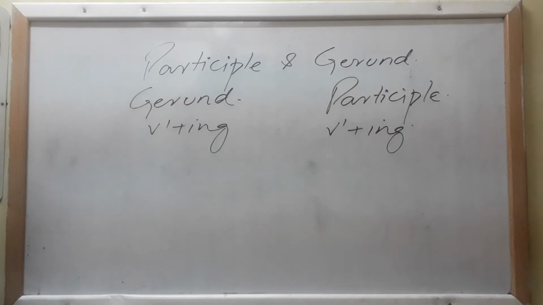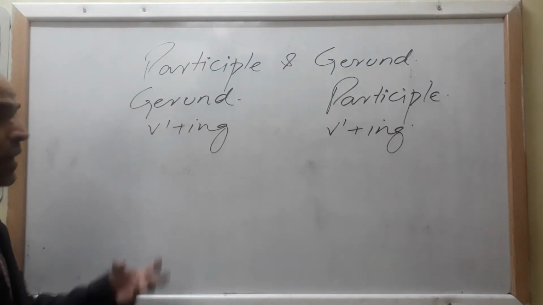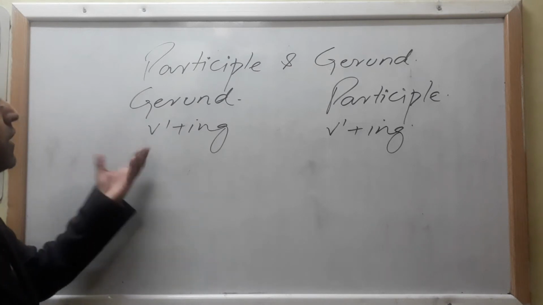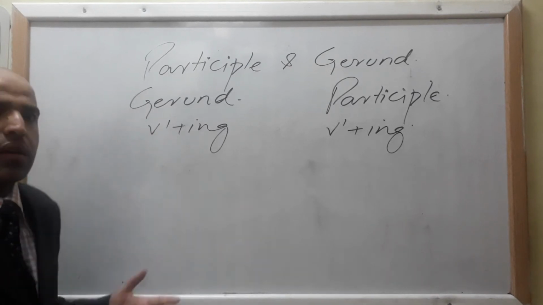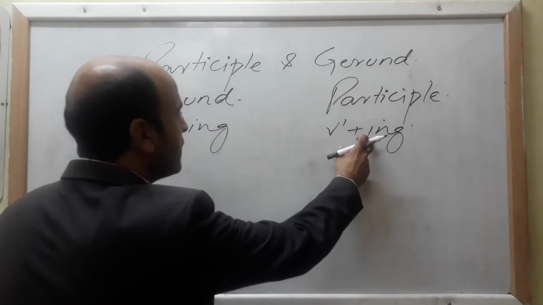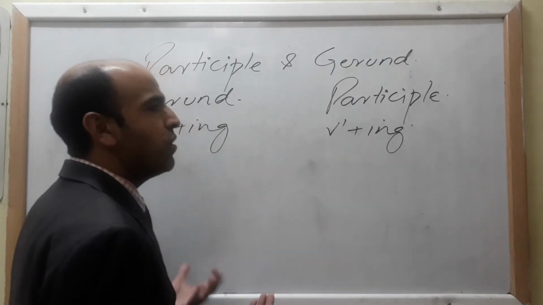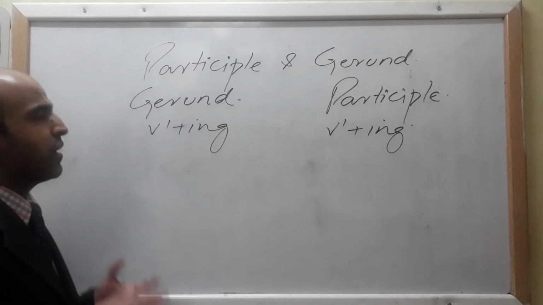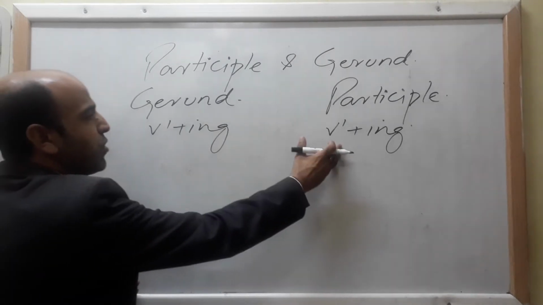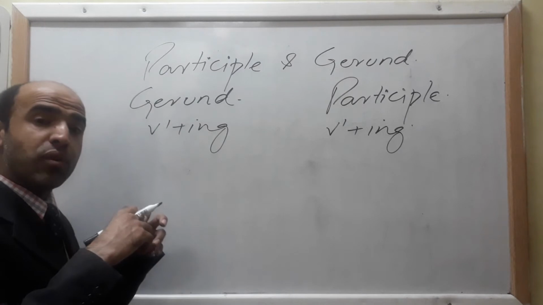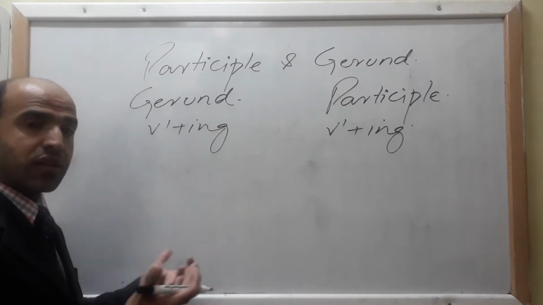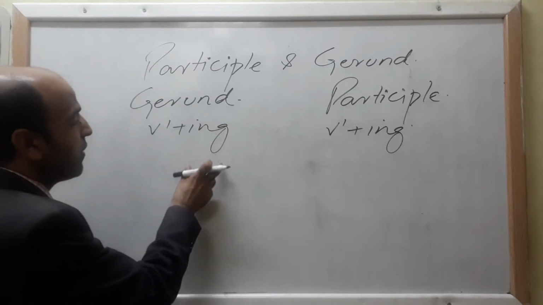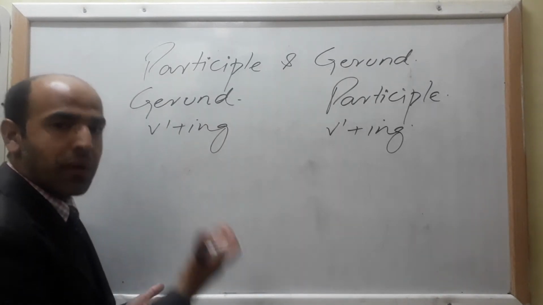Most students get confused when they face this situation. If V1 plus ing is a gerund and V1 plus ing is a participle, how would we be able to recognize, discriminate, differentiate? Most of the time they come to me and ask, sir, how would we be able to recognize whether this is a gerund or a participle?